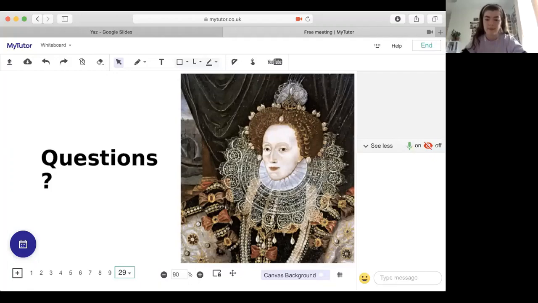We have someone asking, what is a privateer? Okay, so a privateer is, it's hard to explain because it's very similar to a pirate, but it's sort of the more legal version. A privateer is an independent person, a private person who's got their own ship, and they are authorised by a country's government by letters to attack foreign shipping.